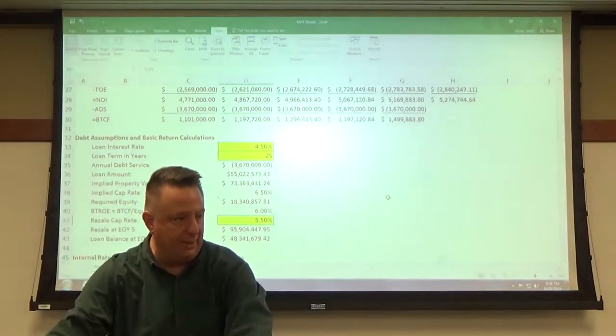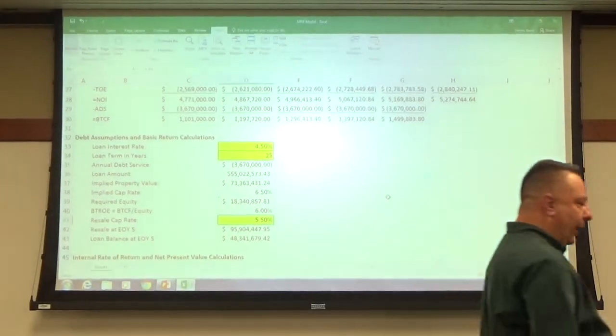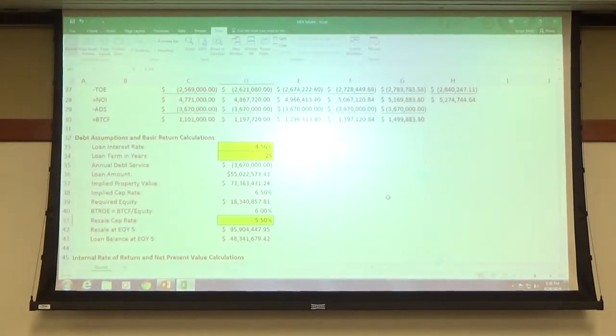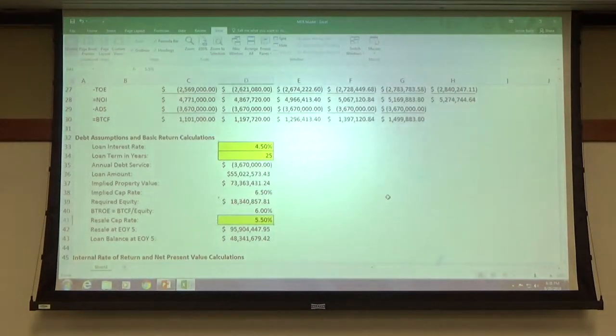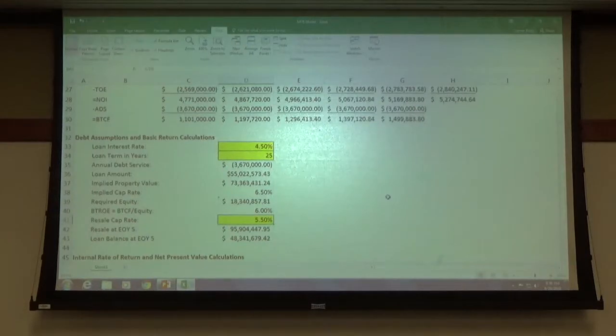Stabilized net operating income, stabilized operations. After you've owned a property for probably just 2 years, you've got most of the kinks worked out, and that's really where a lot of that risk has been eliminated. And so those last 2 or 3 years of operation before you go to sell it or refinance it, that's where you can sort of benefit from that.